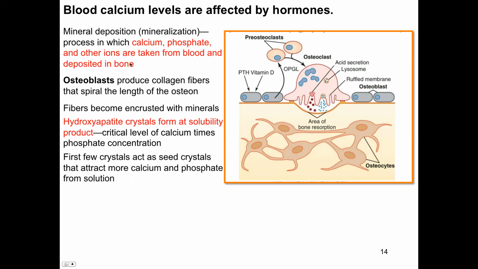They're going to be taken from the blood and deposited in the bone. That's done by these osteoblasts that produce collagen fibers that run the length of the osteon. These fibers are then going to be encrusted with minerals, namely hydroxyapatite crystals, which have mostly calcium and some phosphate in there, all right?